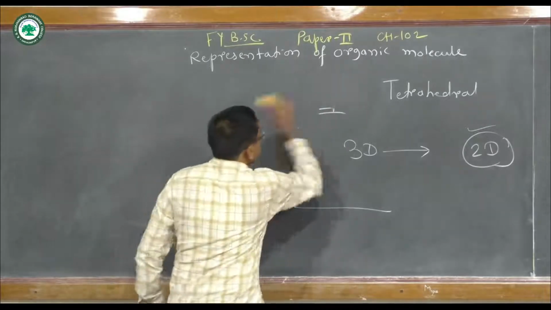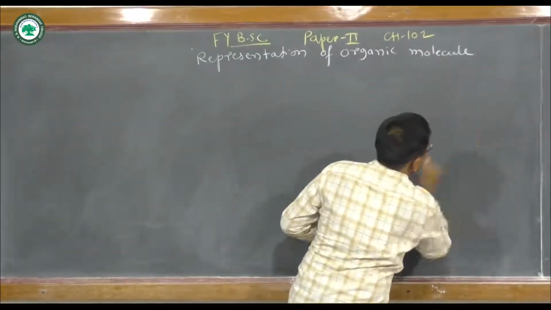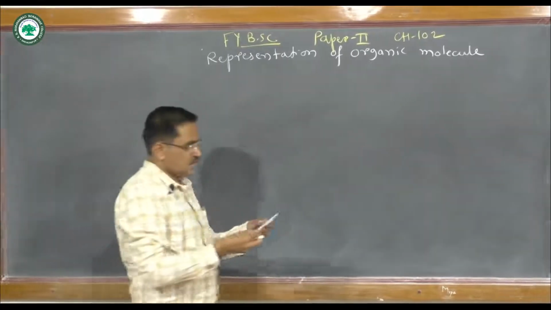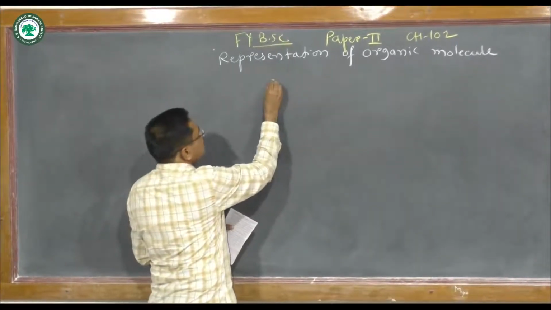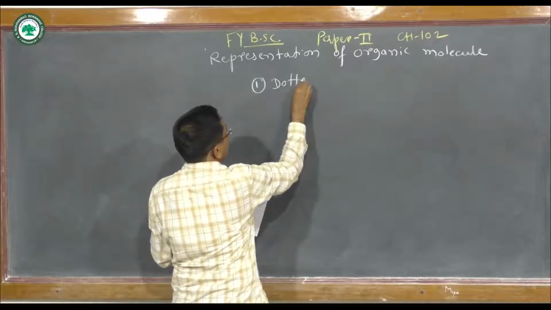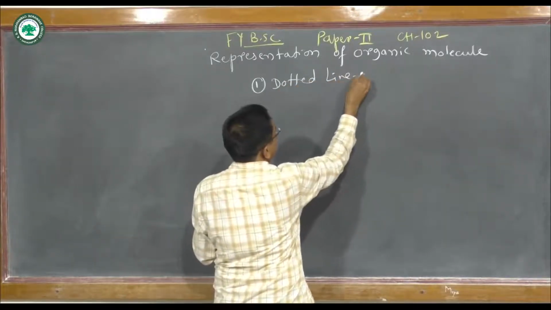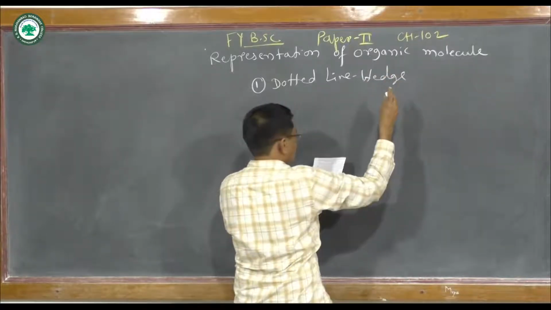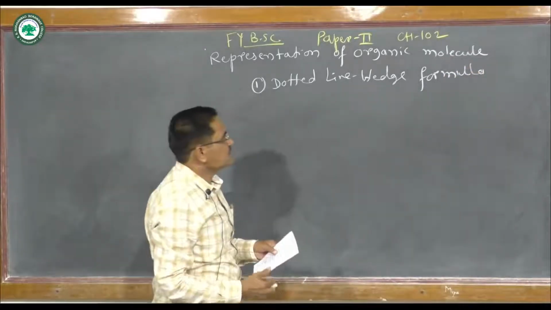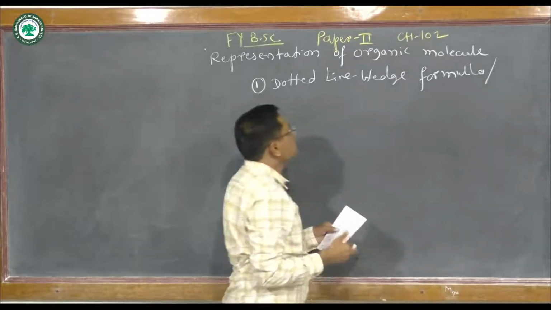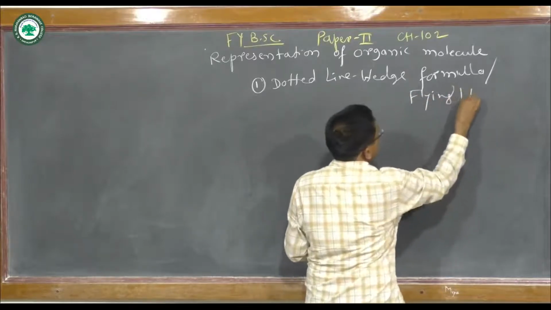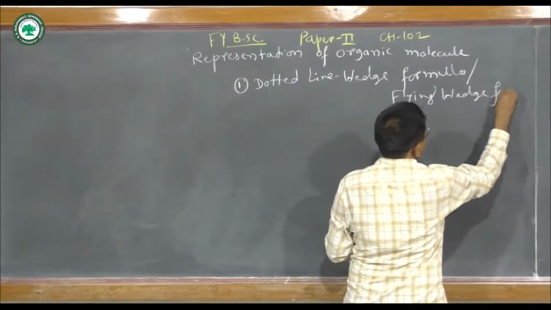There are 2 to 3 methods to draw an organic molecule on paper. The first method is the dotted line wedge formula, also called the flying wedge formula.